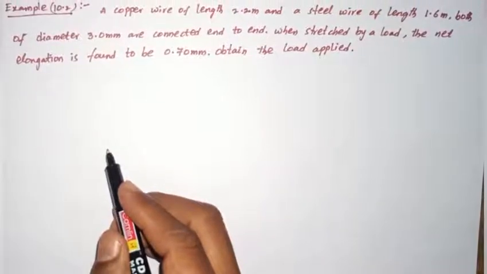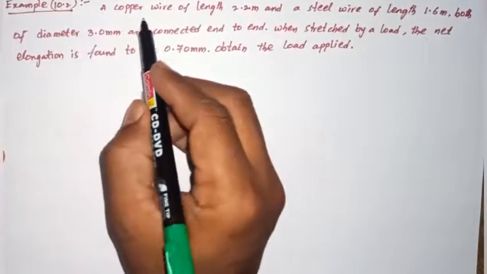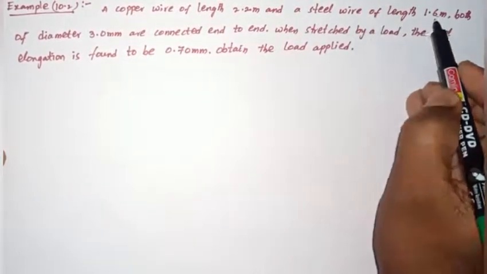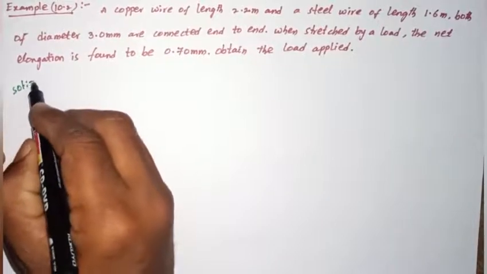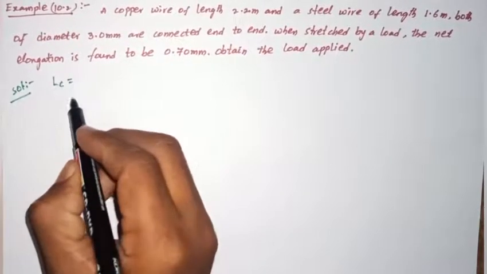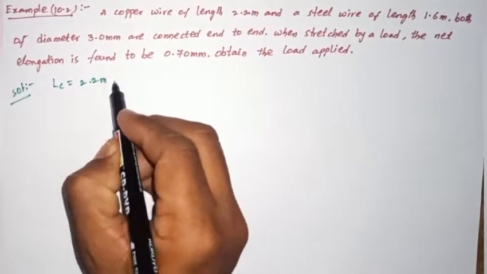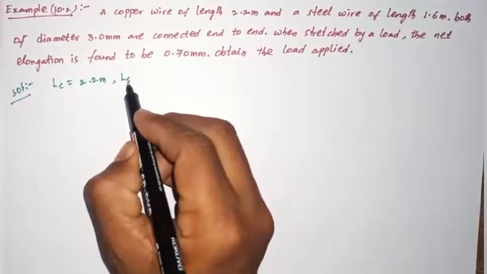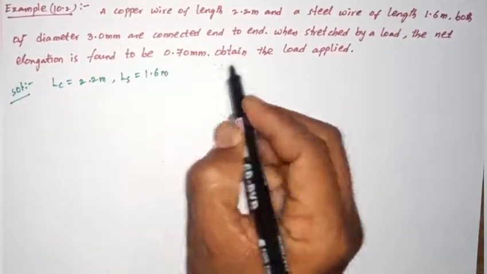Okay, next we will discuss example number 10.2. A copper wire of length 2.2 meters and a steel wire of length 1.6 meters. So given here, length of copper wire is 2.2 meters and length of steel L_S equals 1.6 meters.